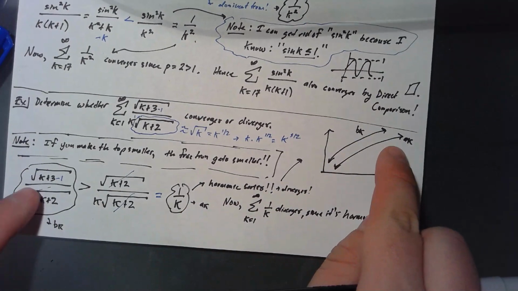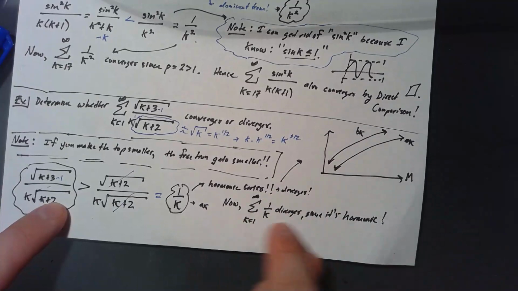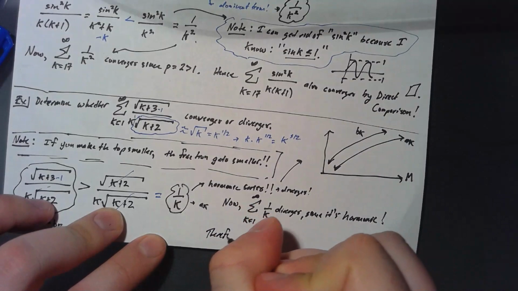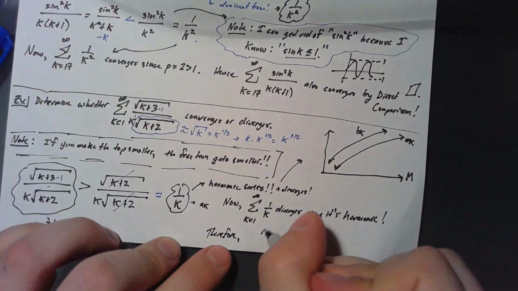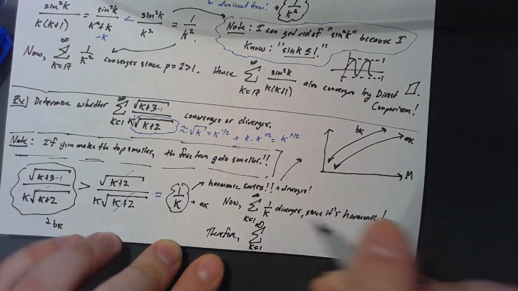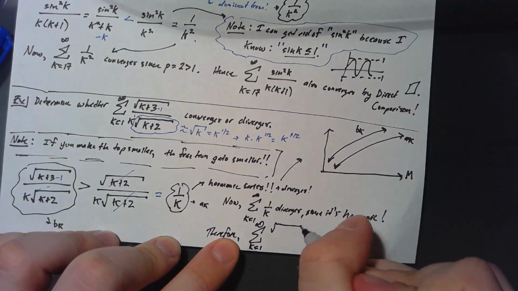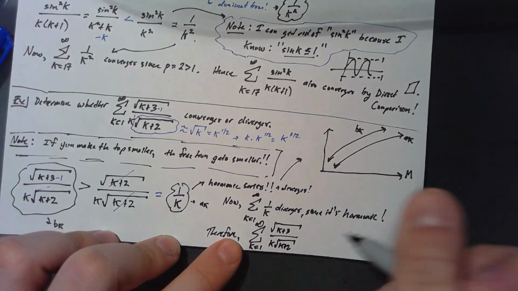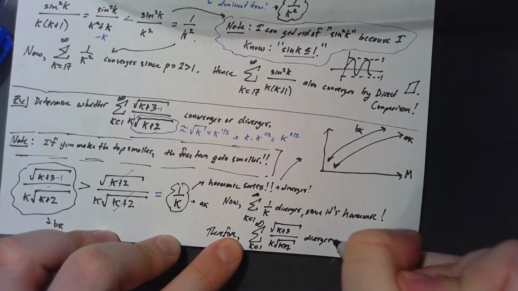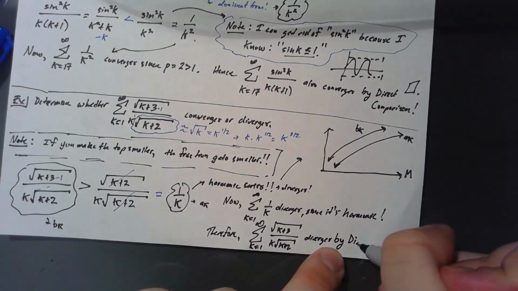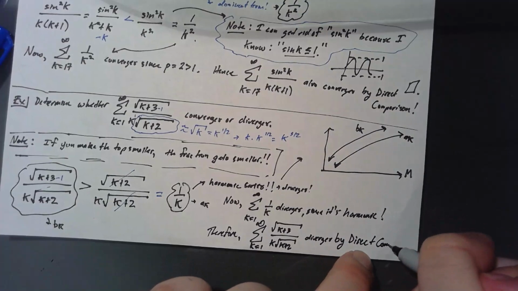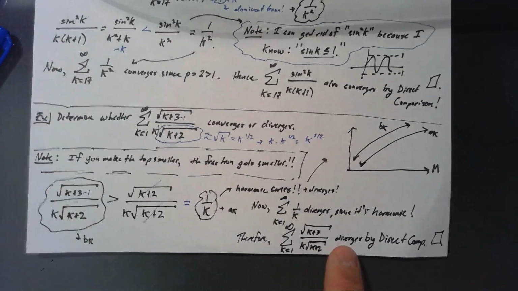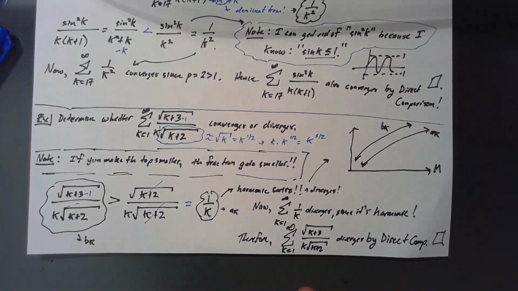It diverges, so anything above it is going to diverge as well. Therefore, my original series diverges by direct comparison. Boom. So whenever you're doing this, let me just summarize.